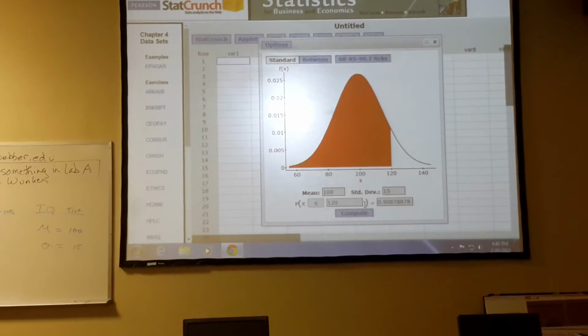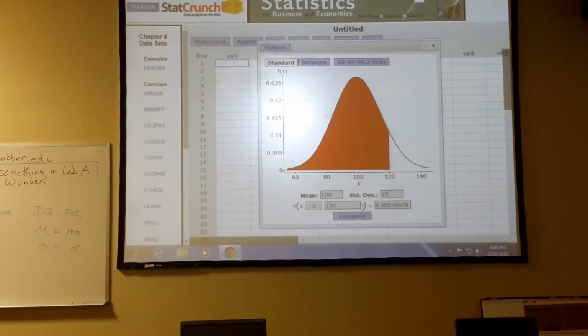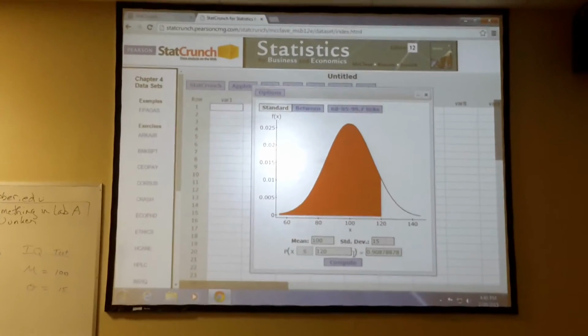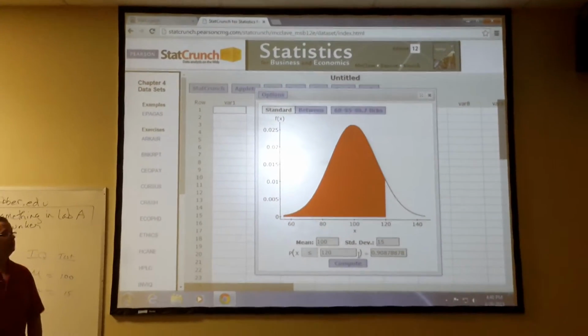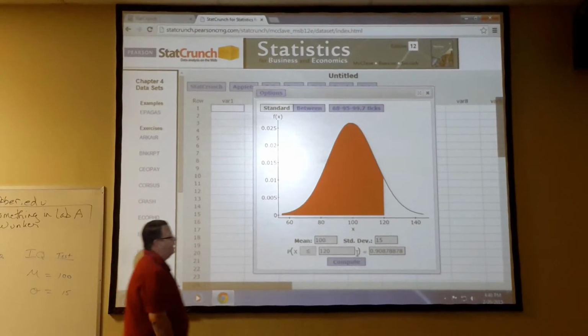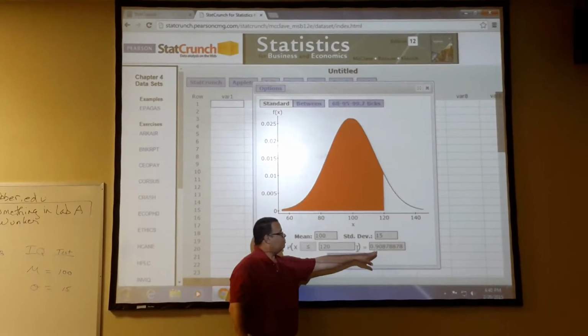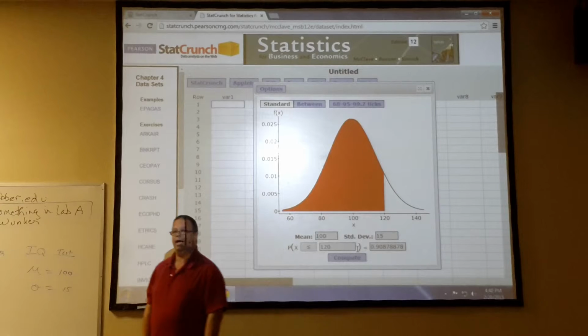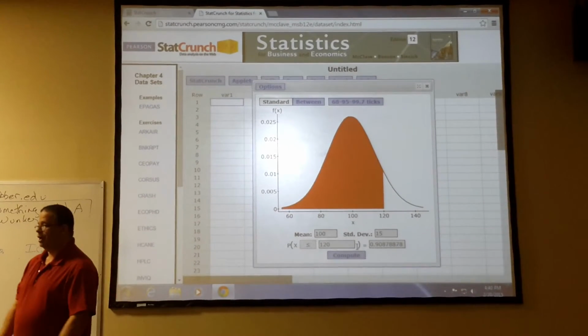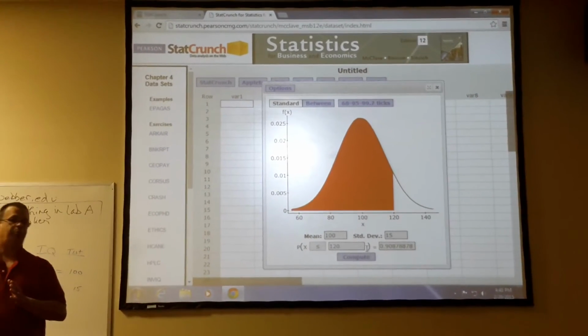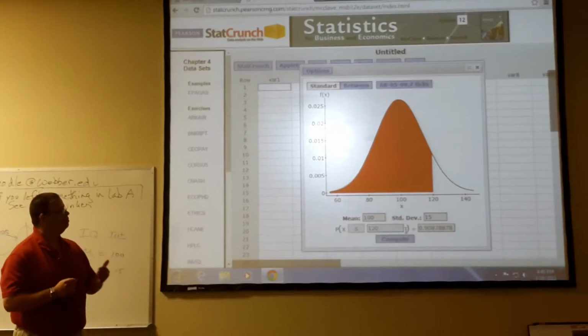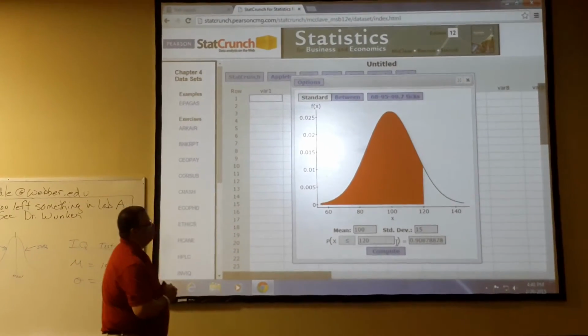We click compute or hit enter. Either way will work. And it shows it to us in a couple of different ways. It shows us here that our exact probability is right at 91%. So 91% of every person's IQ is going to be at or below 120.